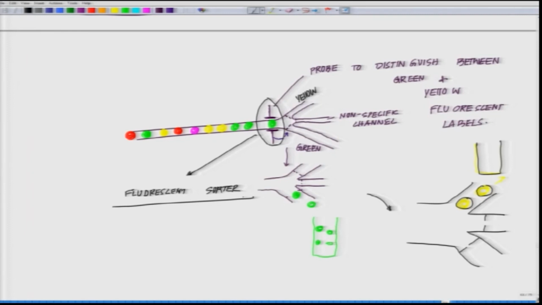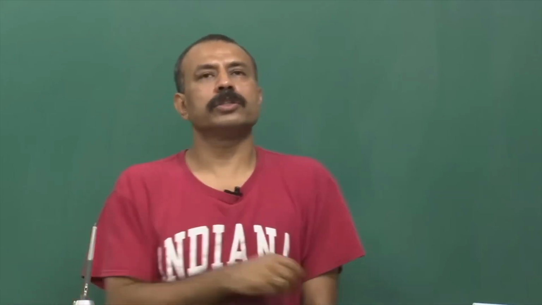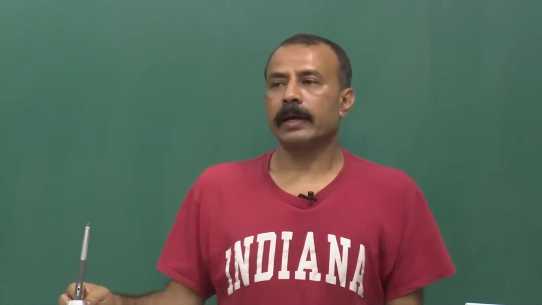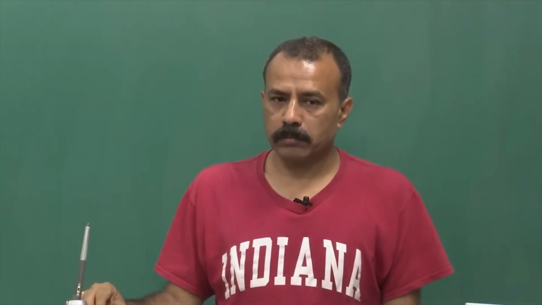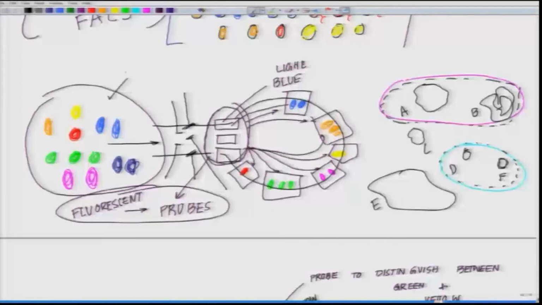It is the same analogy I told you when you enter a stadium. Here you have the sentries standing there who ensure which part of the stadium you should go to. So, these fluorescent assisted cell sorters are one of the very potential tools in modern cell culture labs, and this comes very handy when you have a complex situation like this, where you have multiple cell types to be separated out.